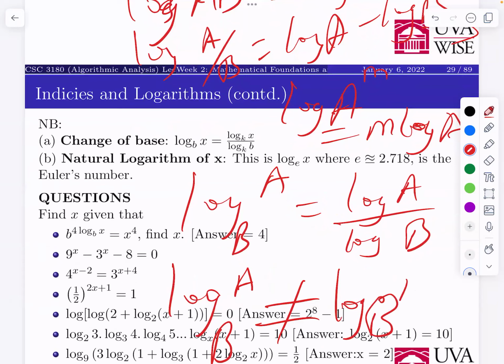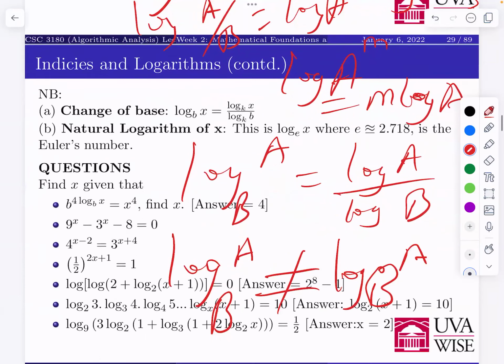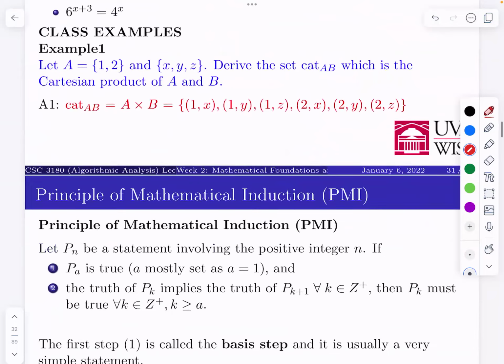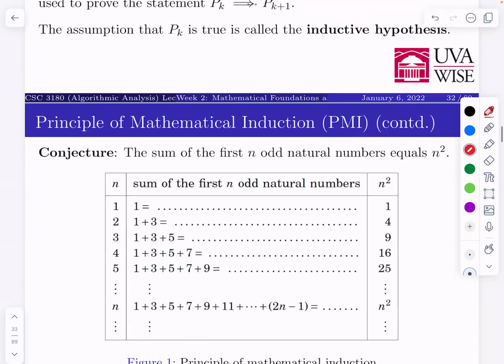Log of B to power A. It's not the same. So be careful with that.